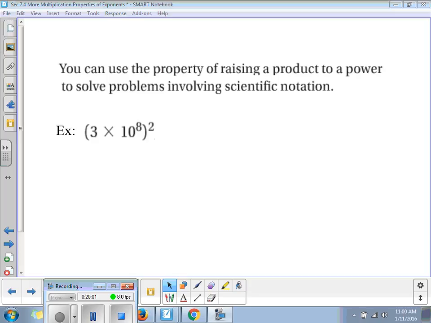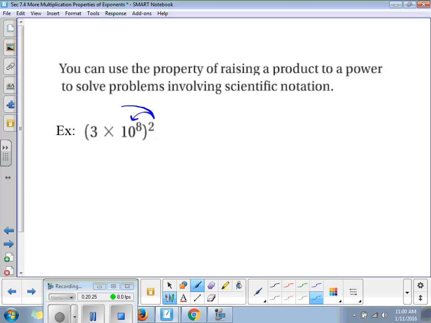So you can use the property of raising a product to a power to solve problems involving scientific notation. So this says 3 times 10 to the 8th power, all squared. Which means that this exponent is going to get applied to everything inside the parentheses. Is everyone with me? So this 2 is going to go to that, and it's going to go to that.